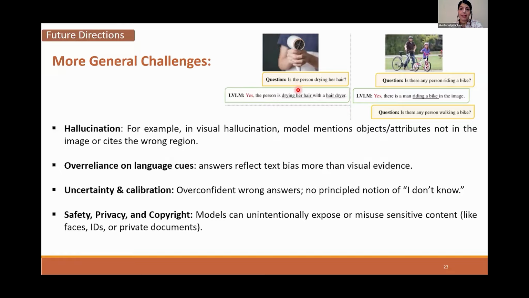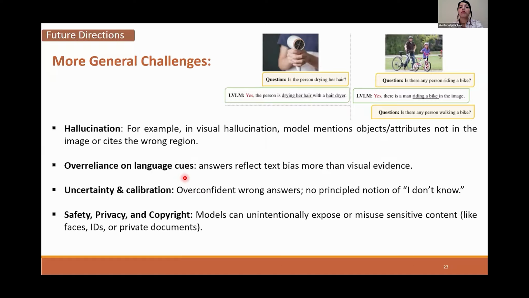It happens because, during the training, in most of the samples that include a hair dryer, there is someone drying her or his hair. So it is biased on its training samples. The other problem is over-reliance on language cues.